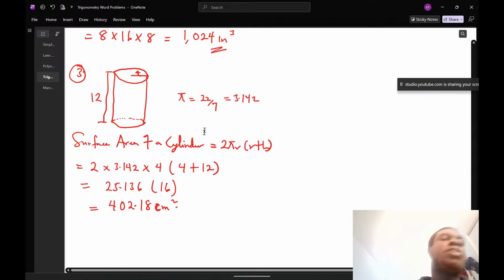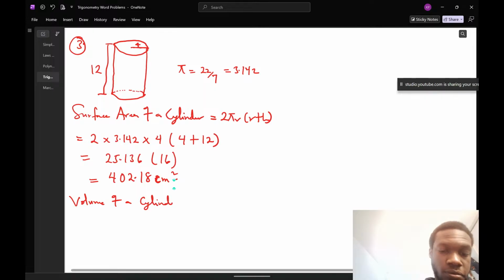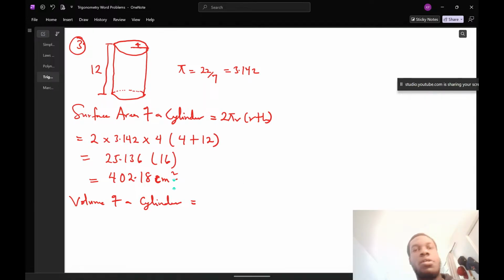So now let's find the volume of this cylinder. The volume of a cylinder is equal to pi r squared h.